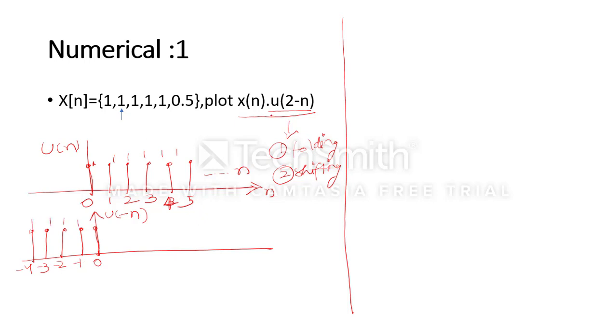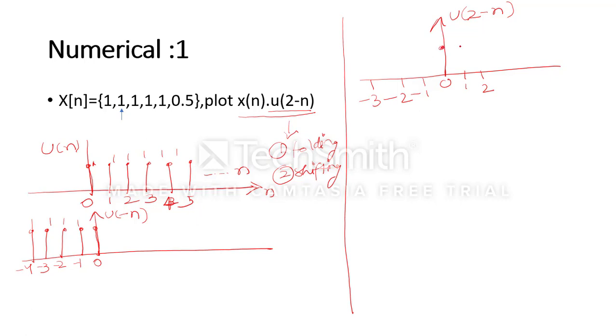Now we have to do u[minus n plus 2]. If you remember, when we were doing u[minus n plus 2], all samples will shift towards the right by plus 2. So now my signal of 2 minus n will look like this, going up to minus 3.